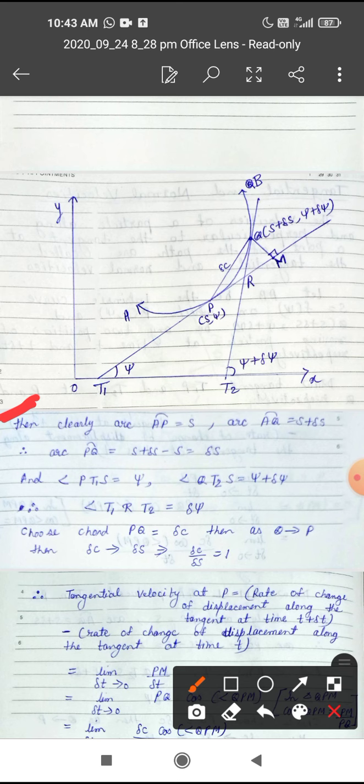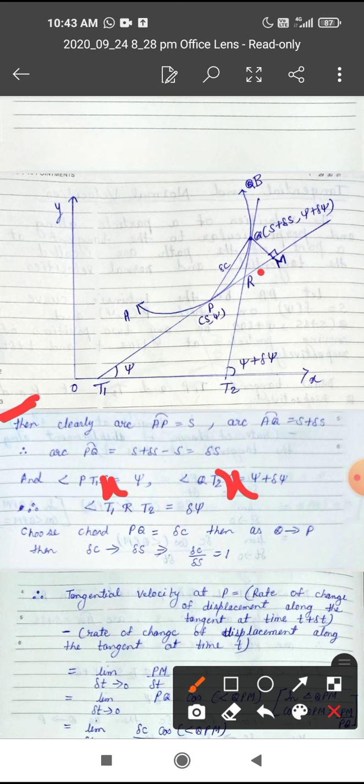Angle PT1X, not S, it is X. PT1X is equal to psi and QT2X is equal to psi plus delta psi.